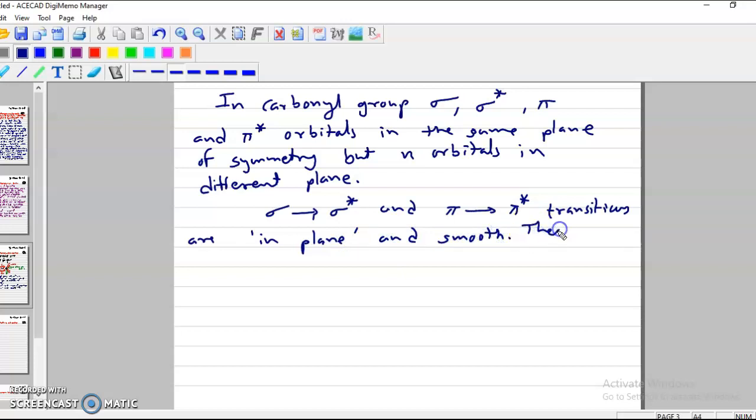So their probability will be maximum. So they are allowed transitions.